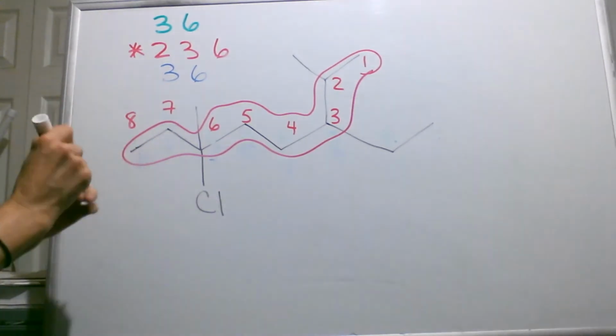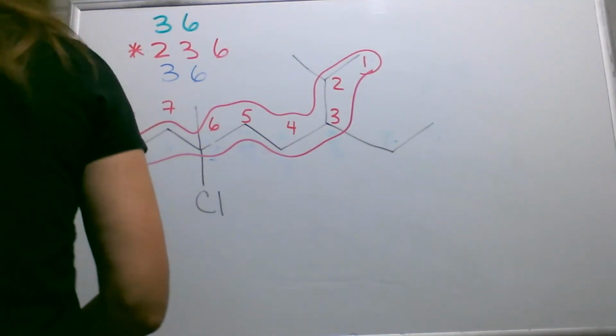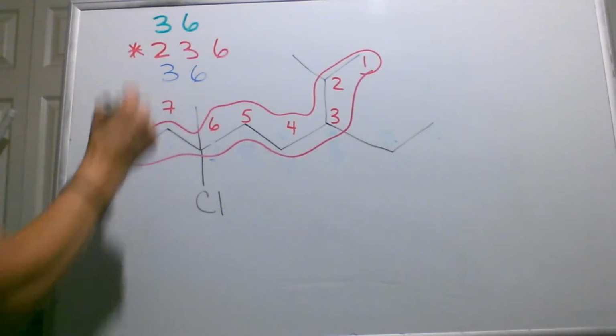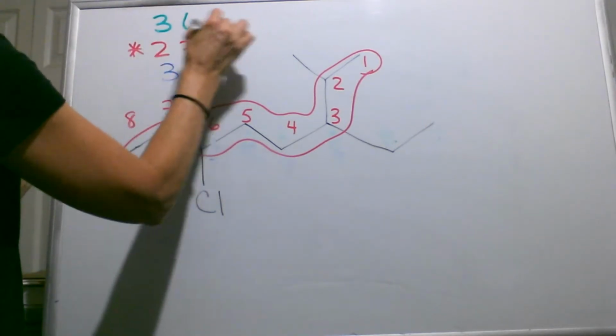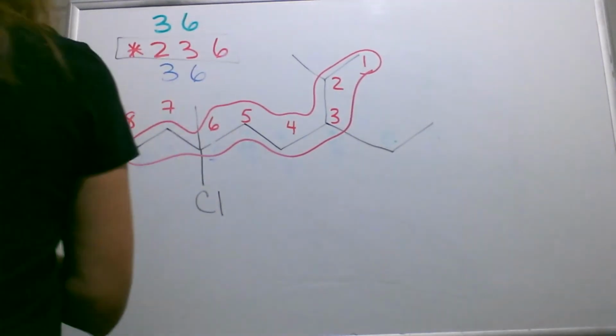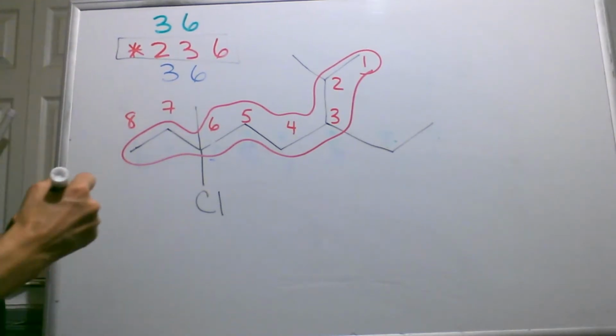Okay, so we're going to circle the parent chain, and then we're going to identify what the substituents are. We've already identified at which carbon numbers they appear, but now we need to see what exactly we have.